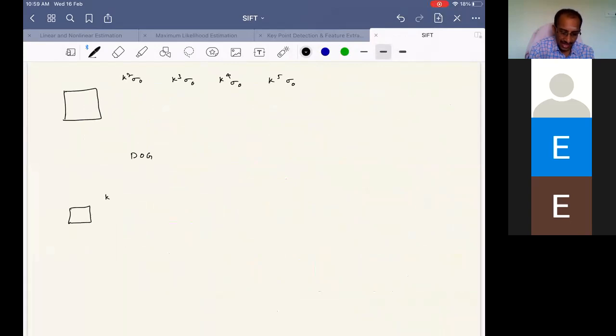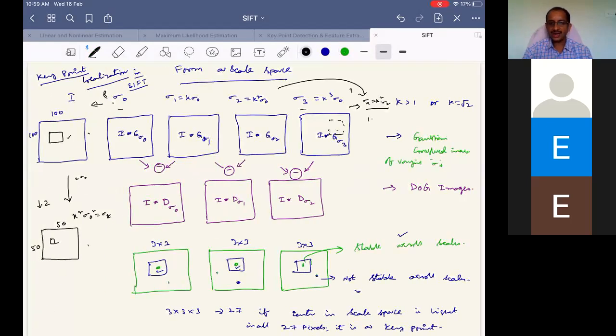Again here you start directly from k power 4 sigma naught, which has come from here, and then you just proceed, k power 5 sigma naught and so on. So like that, we are analyzing the image at different resolutions. In each resolution, we are looking at a different scale space. So the details at several scales are looked at, and the features which are consistent across scales are decided, not just at one scale. This is what is being done for key point localization.